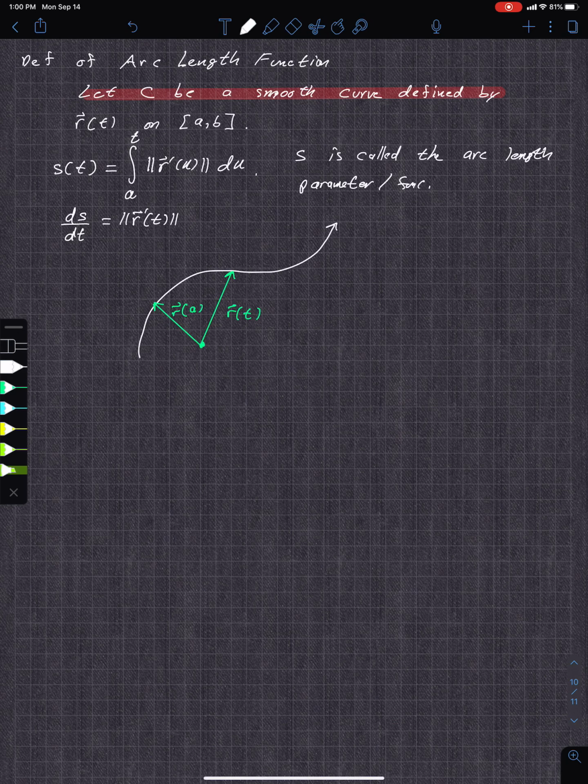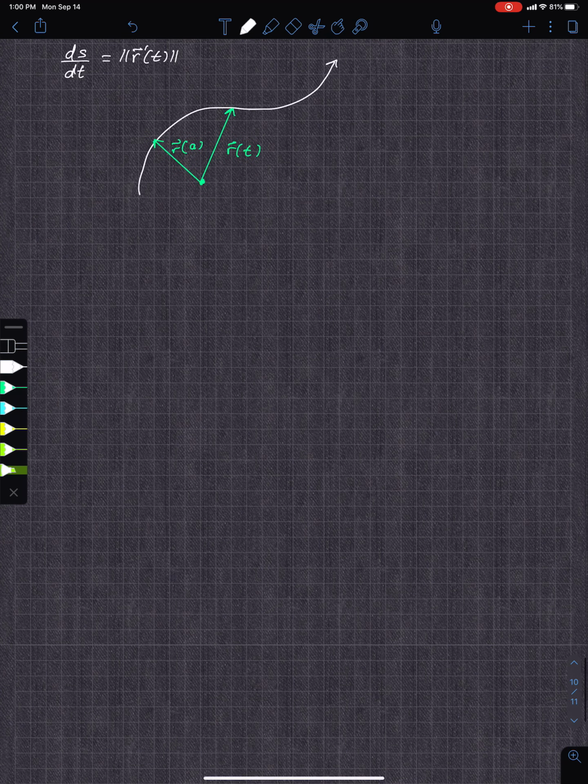Let's continue. Suppose you have some graph like that, and r of t traces out the curve C. Then if you do r prime, you get the tangent line like this, so that's r prime.